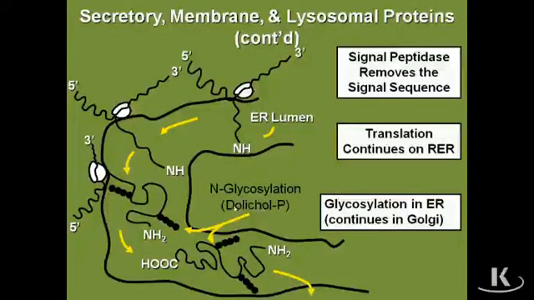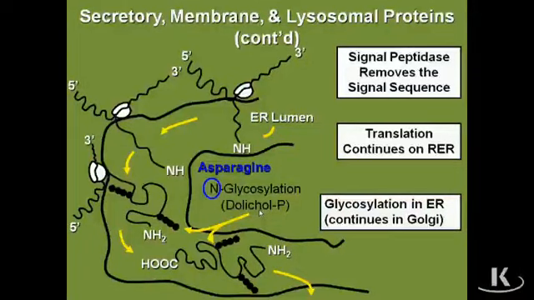Actually, there's a special molecule called dolichol phosphate. Dolichol phosphate is a molecule derived from cholesterol, and you can start building sugars en bloc onto the dolichol molecule, and then those sugars are transferred as a unit over to the amino acid. Which amino acid gets the sugars through an N linkage? It's asparagine. So one of the important things to remember about the amino acid asparagine is that that's what gets N-glycosylated when proteins get N-glycosylated.